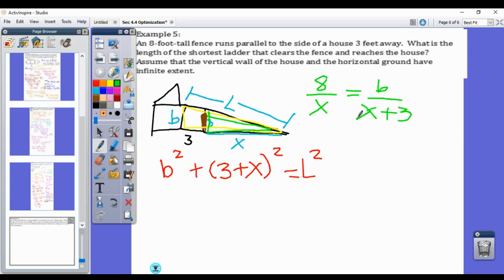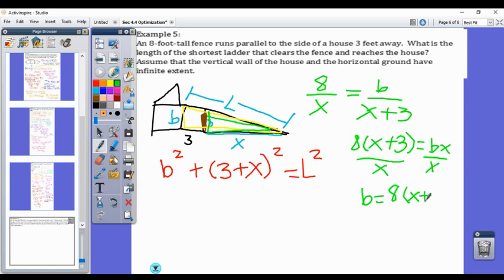So let's cross multiply this and solve for b. I'm going to get 8 times x plus 3 equals b x divided by x, so b is there. Now we're going to plug that in for b squared.